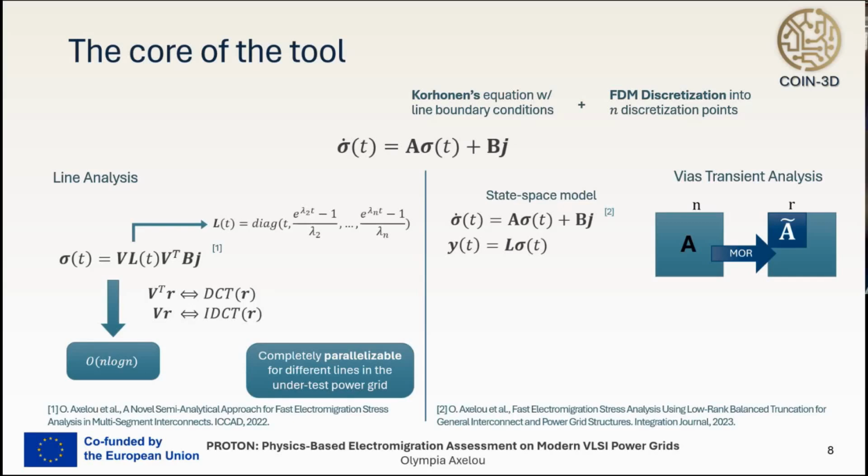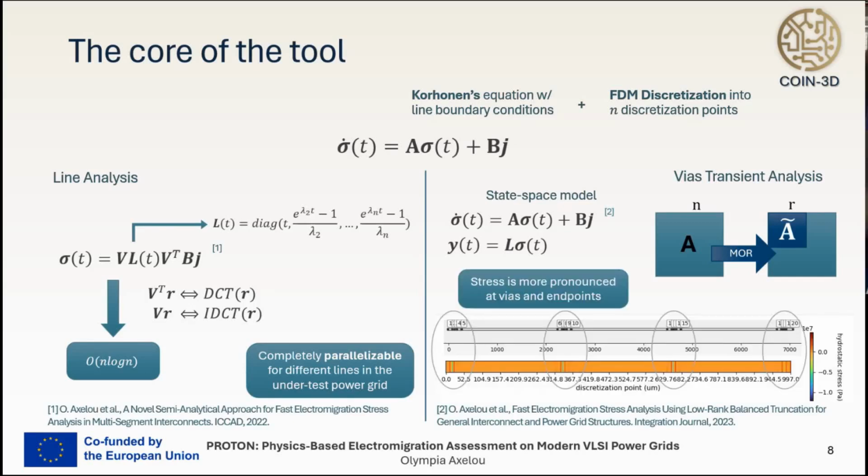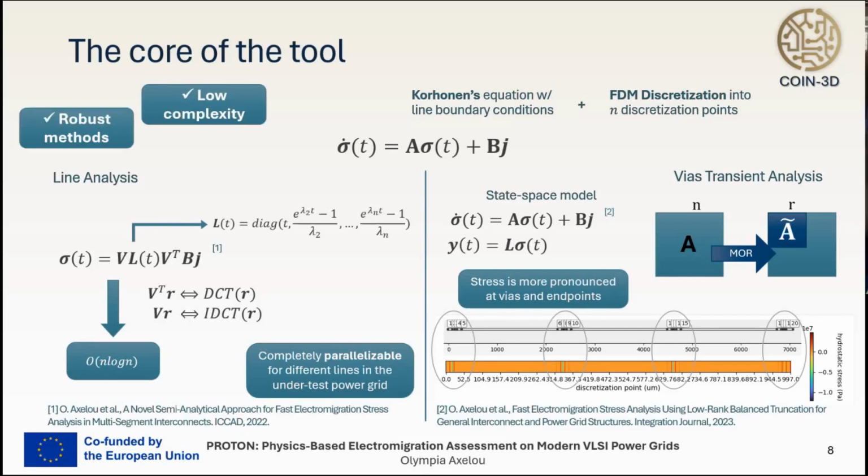For this purpose, it leverages the fact that the stress is proved to be more pronounced in the vias and endpoints. So our tool focuses on these points, but it is not limited only to them. Both core methods have low complexity, and thus they are very efficient. And because of the nature of the methodologies, they also are robust and provide accurate results with minimal error.